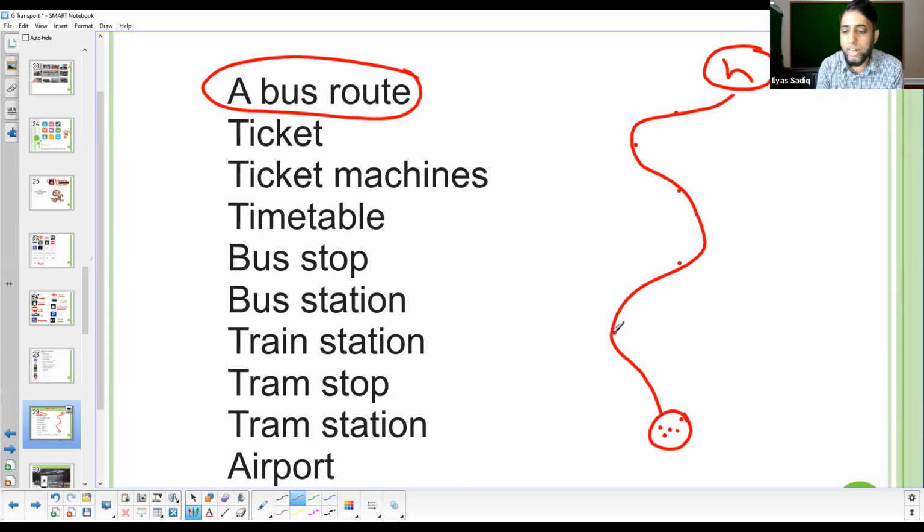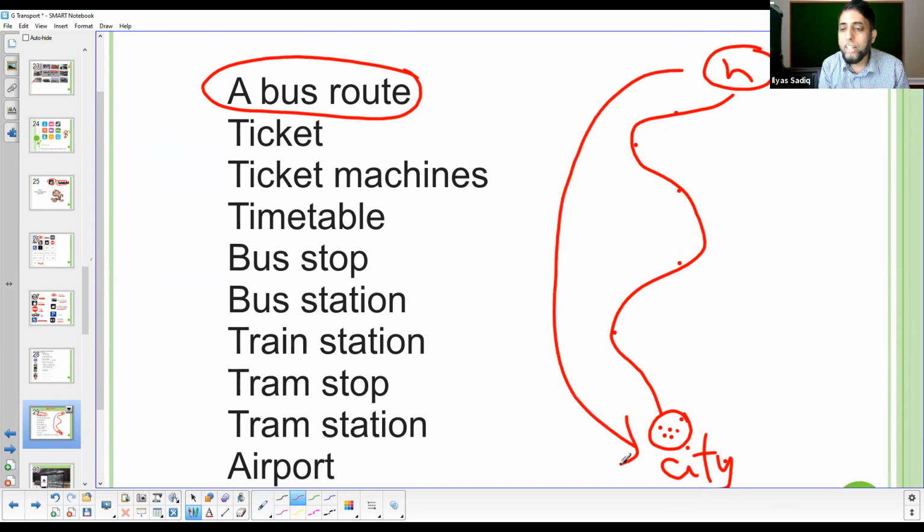Finally the bus goes to the city center. So this is called the route where the bus goes through, from your home all the way up to your city. This is called the bus route, where the bus goes through to the destination.